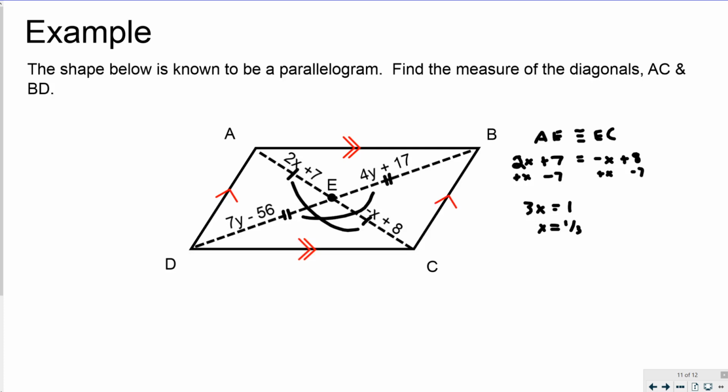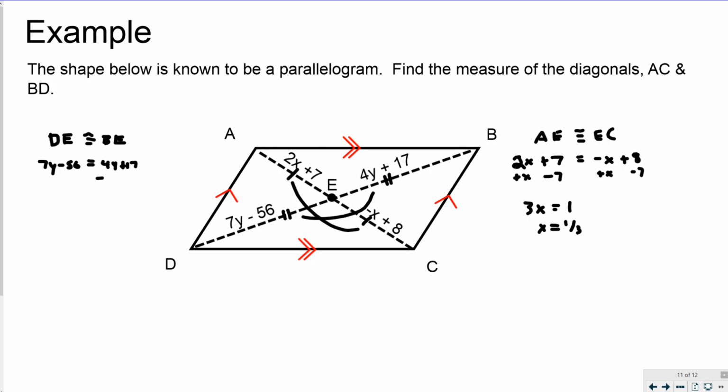And then I can solve for y doing the same thing. So for the y's, I know that DE is congruent to BE. So I can write an equivalent expression. That's 7y minus 56 equals 4y plus 17.